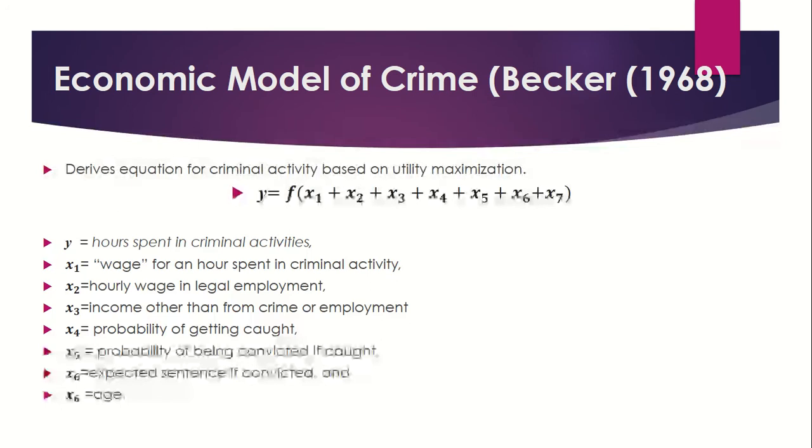Next, x4 represents probability of getting caught. x5 represents probability of being convicted if caught. x6 represents expected sentence if convicted, and in the end x7 represents the age.